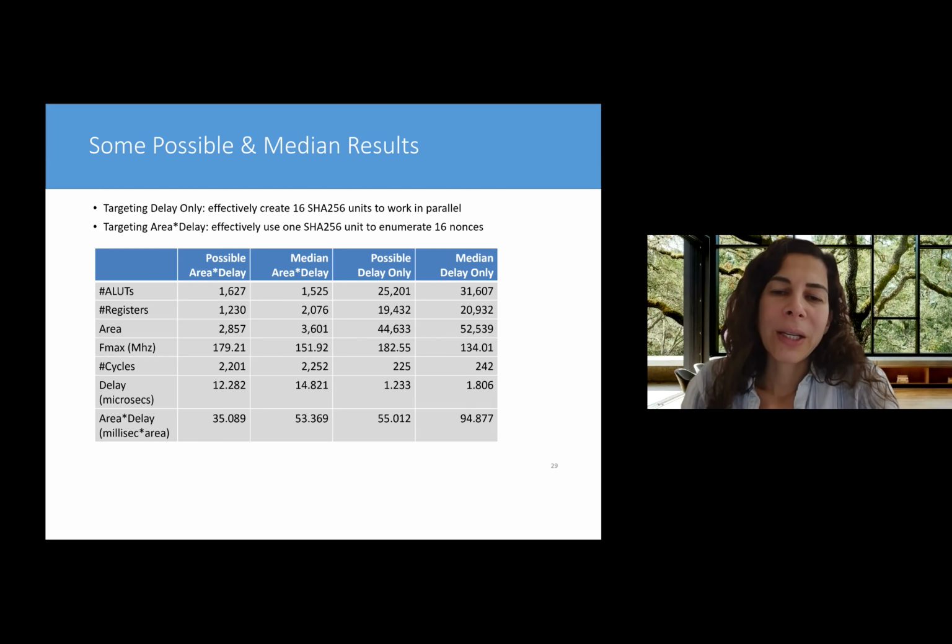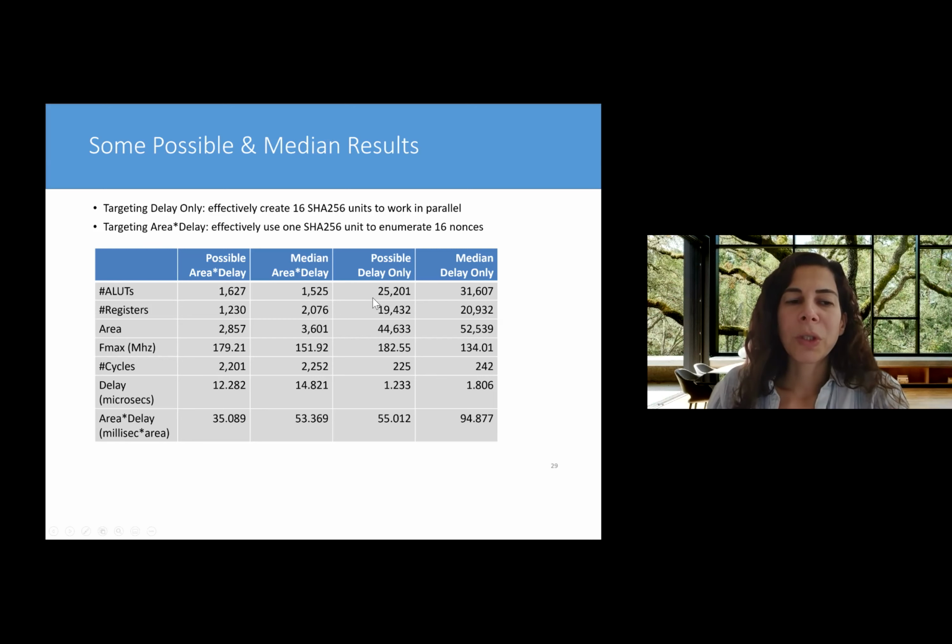And the delay only is obviously going to use a lot more resources, because we're basically doing a lot of parallelism. The area is obviously going to be a lot larger than when we're doing area delay product, but the number of cycles, as you see, is about 10 times less.